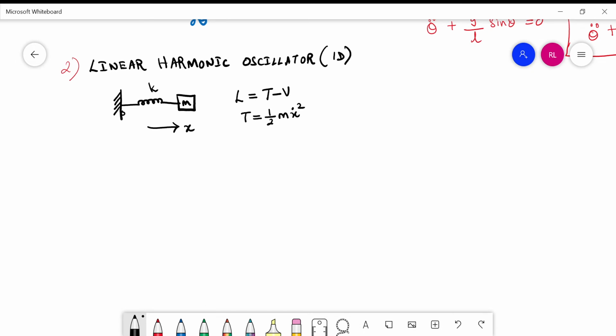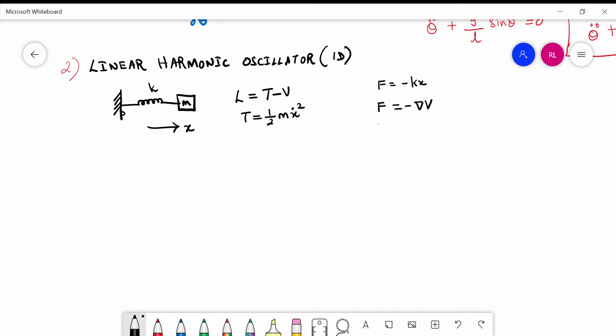And for this kind of spring mass system, with the help of Hooke's law, we can write F is equal to minus kx. Once we have the force, we can write the potential with the help of this form. Force is nothing but the negative gradient of the potential.